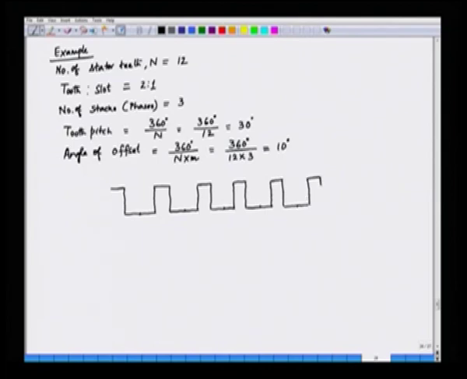This is the slot and teeth. So this is the stator.